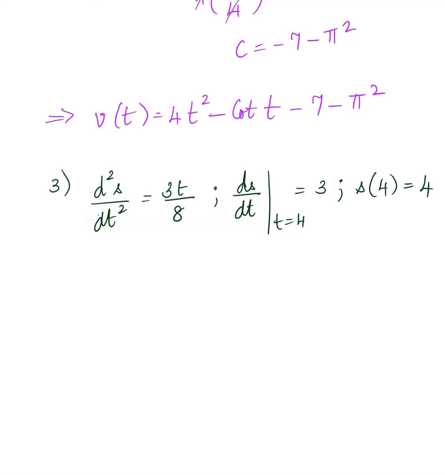So when you see the second derivative and you see the s of 4 condition, you know we're going all the way down, 2 layers down to s of t from the second derivative. So let's start here. The antiderivative of d squared s over dt squared is one derivative below, so it's ds over dt.